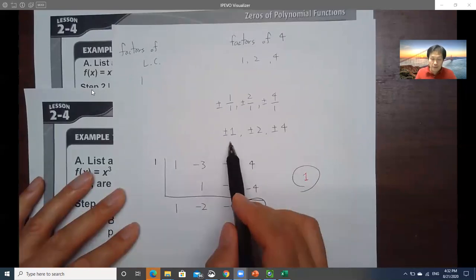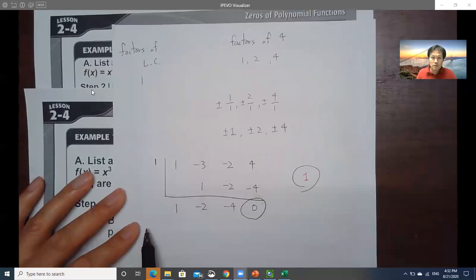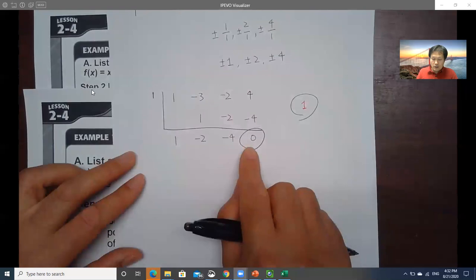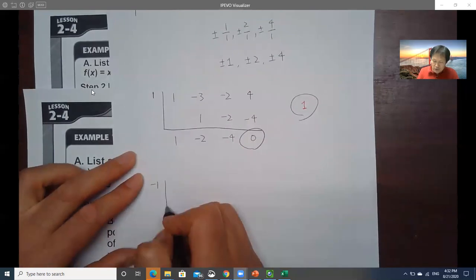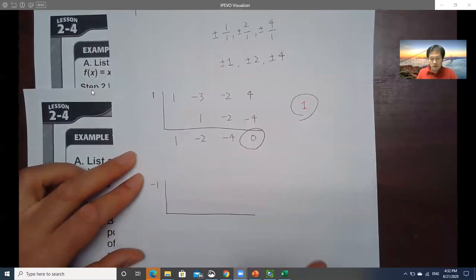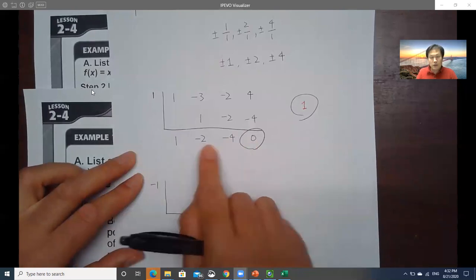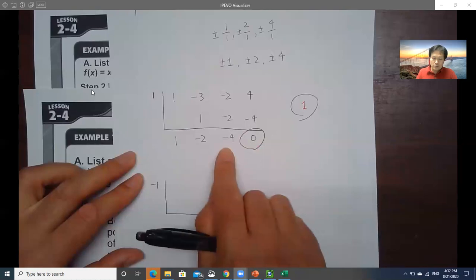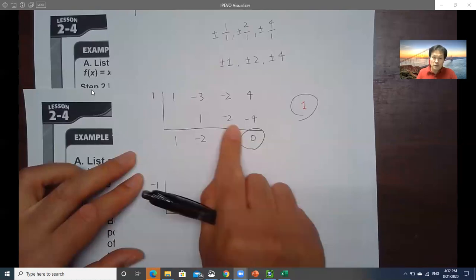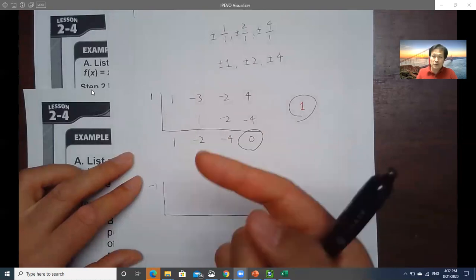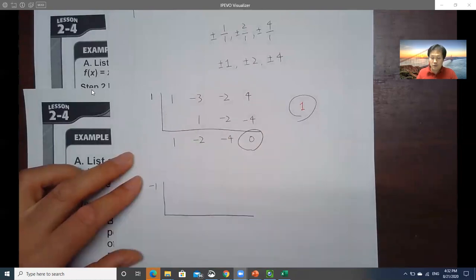So we have to try minus 1. Do you remember the trick? Once you get the 0, you get to use this leftover. If you don't get the 0, you cannot use it. Once you get the 0, you get to use this for checking the other candidates.